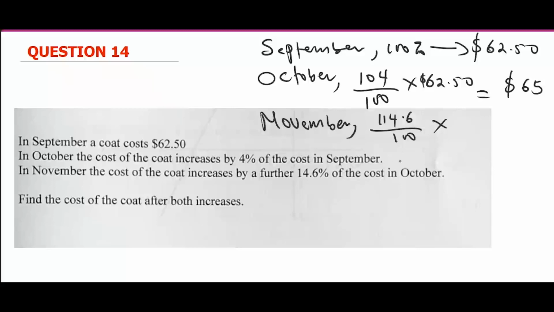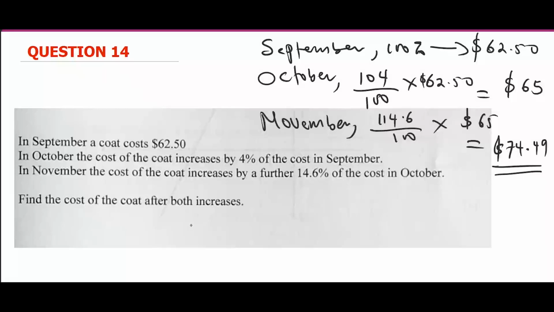So the cost in October is $65. If you take your calculator again, multiply 65 by 114.6 and divide by 100, the answer you're going to get there is $74.49. So that's what you are going to get as your answer here.